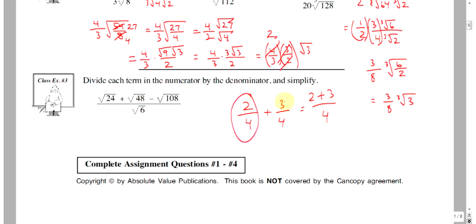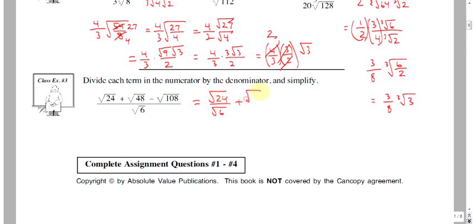This is over the 4, and that's over the 4. That's helpful, great. If not, well, write it out like this. Every one of these is over the root 6. Okay? Just think about adding fractions.